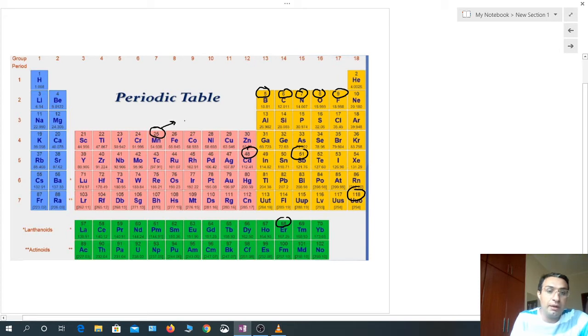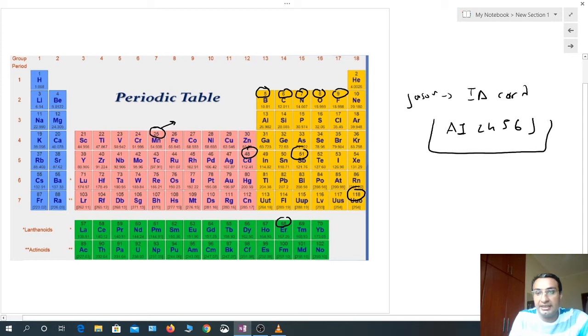So this proton number is unique for elements. What does it mean? Suppose Jason has an ID card, okay. In the ID card there is a number, like A, 1, 2, 3, 4, 5, 6, okay. So this ID number is only related with Jason. In the whole world, among that many people, only Jason has this ID number.